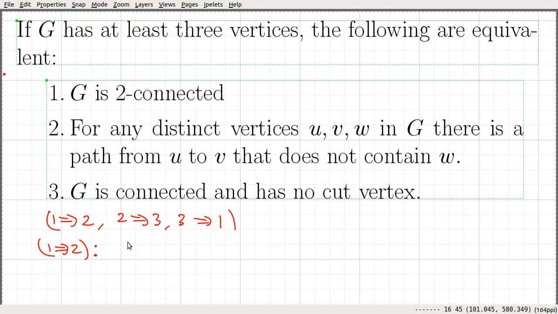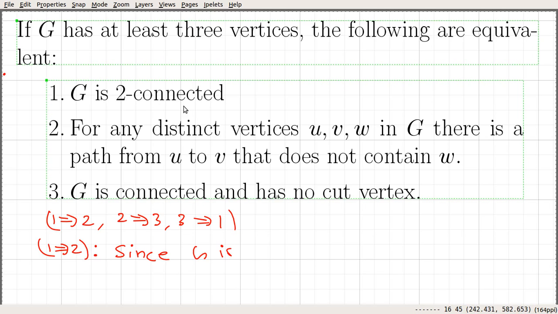Since G is 2-connected, removing one vertex won't disconnect the graph. We need to delete at least 2 vertices to make this graph disconnected.